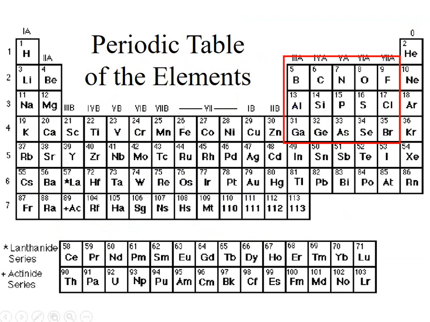On the periodic table, the basic materials or elements that can be used in the semiconductor industry are basically in this group. The primary material will be in group 4A. The elements in group 4A are carbon, silicon, germanium.